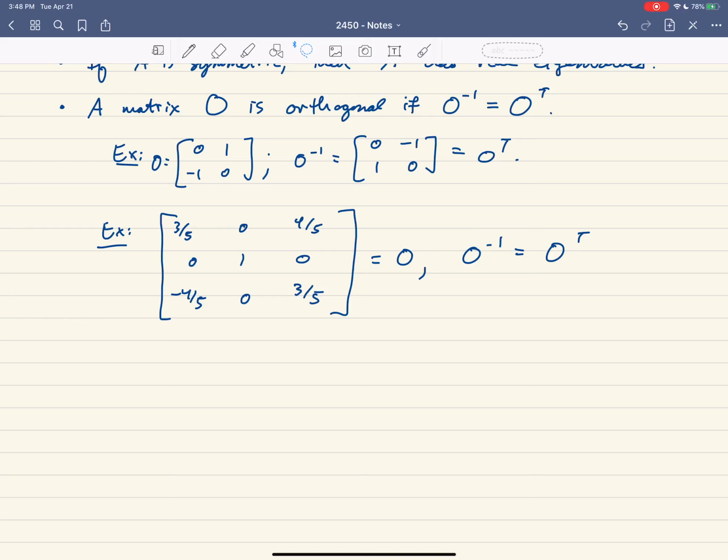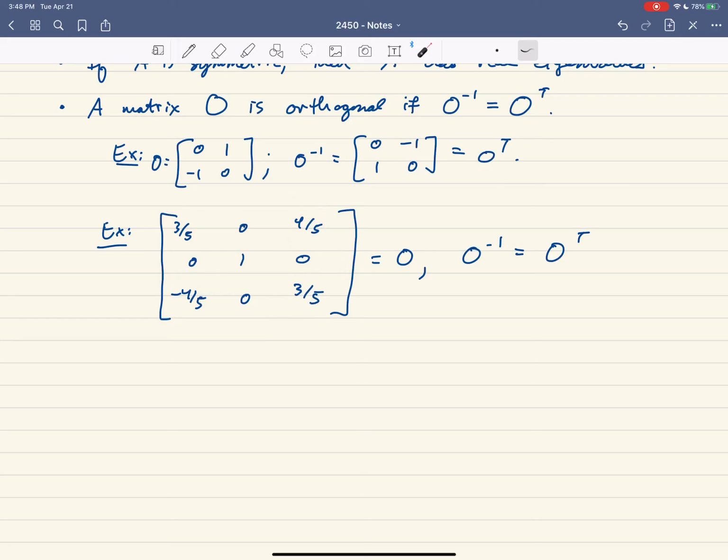There's a lot going on here, but I want to point out a few things. If I think of these columns as vectors, they have a few properties, namely that they're orthogonal as vectors. If I take the dot product of these two vectors, you would get 0. Same with the dot product of any two vectors here, say the first and the last.